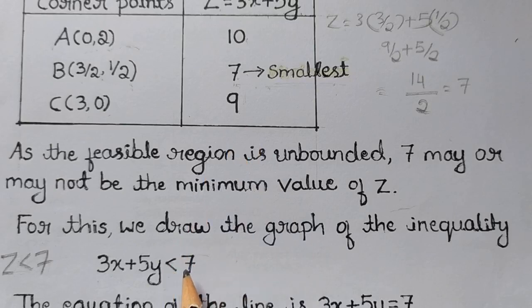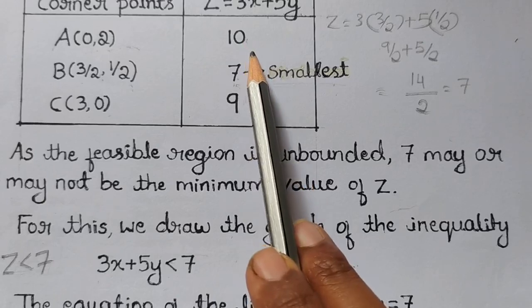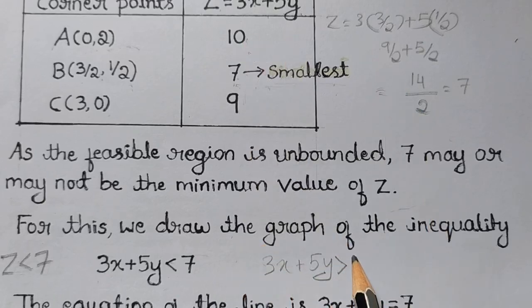Suppose the question is to find the maximum value and the feasible region is unbounded, then we write the inequality 3x plus 5y. To find the maximum, we take the greater than sign, and in the RHS we write the greatest value of z at the corner point, that is 10, and we solve this inequality.